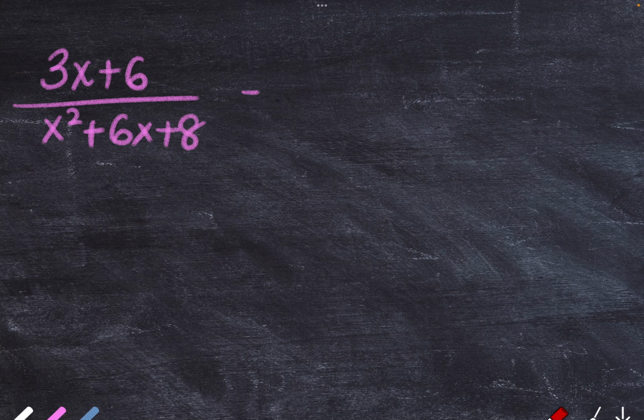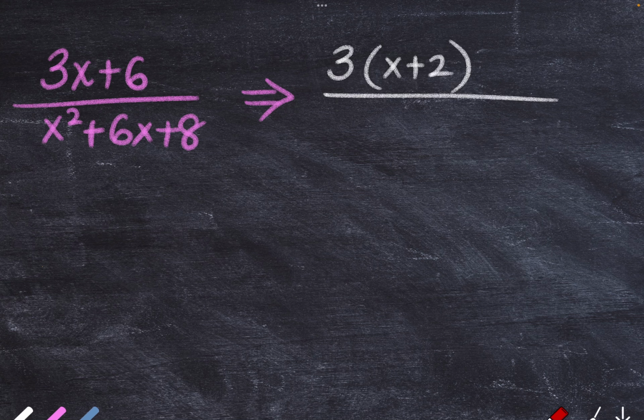So I'm going to write down the original question also. I can say that this question can also be written as 3 times x plus 2, which were the factors of the top part, and the bottom part factors were x plus 2 and x plus 4.